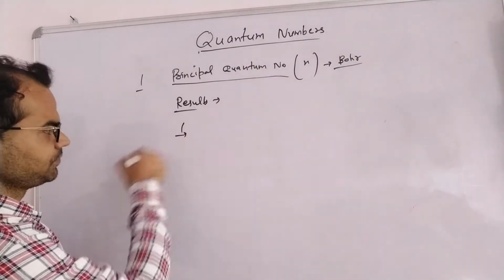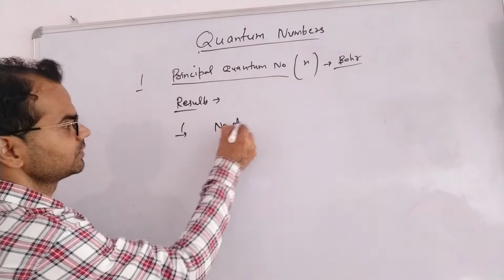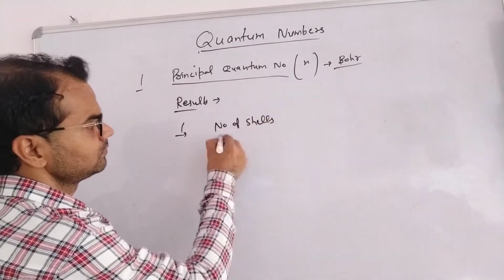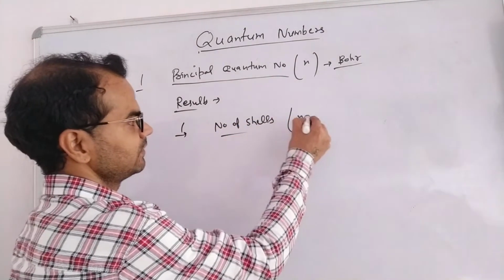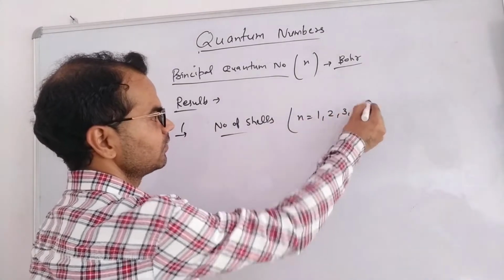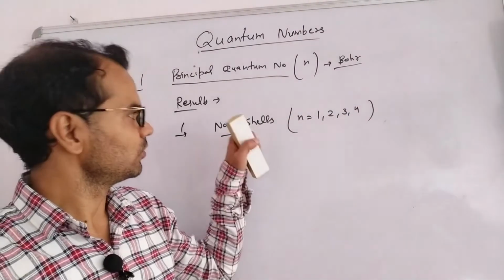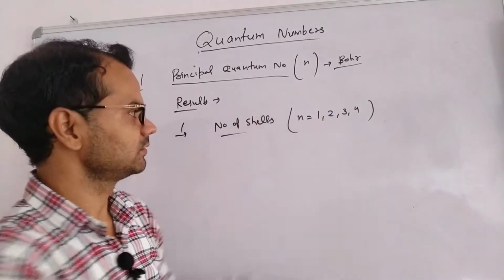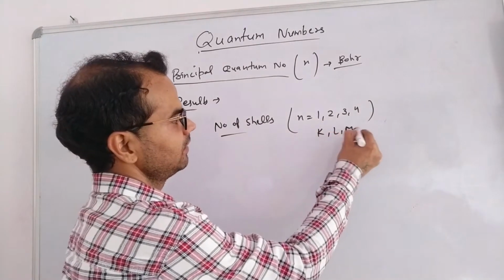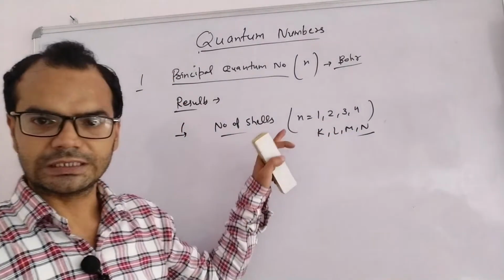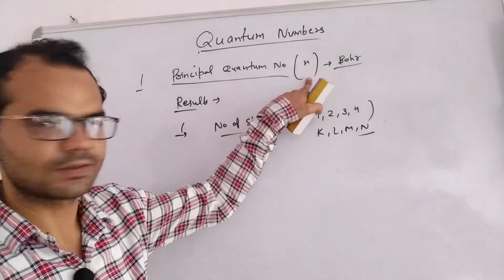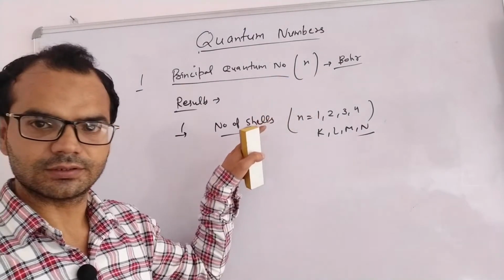First is the number of shell. For example, n equal to 1, 2, 3, 4, and so on. Bohr introduced K, L, M, and N. So shells are represented by this principal quantum number.